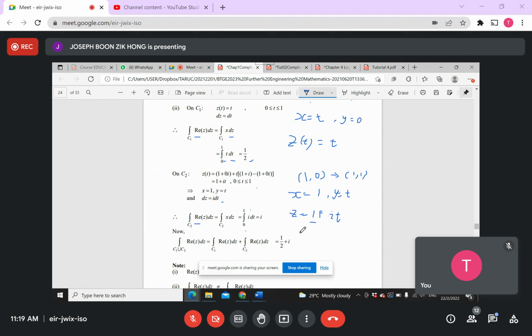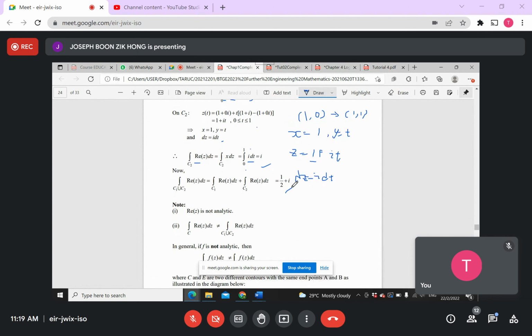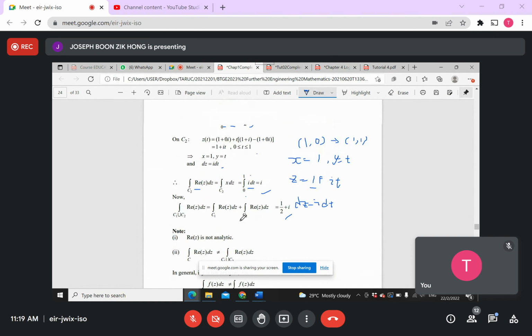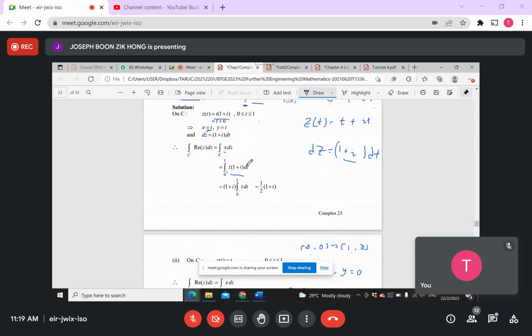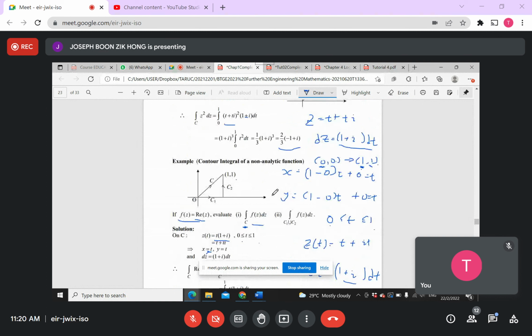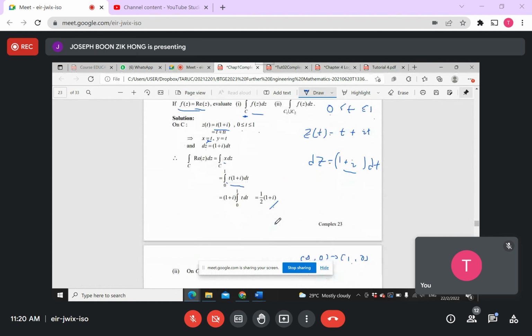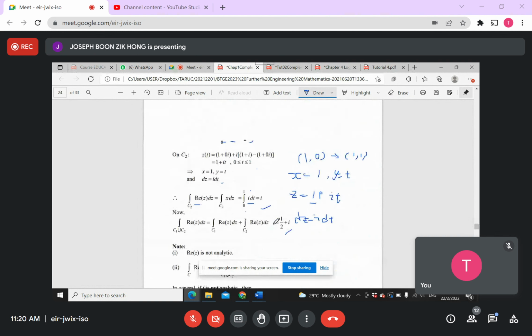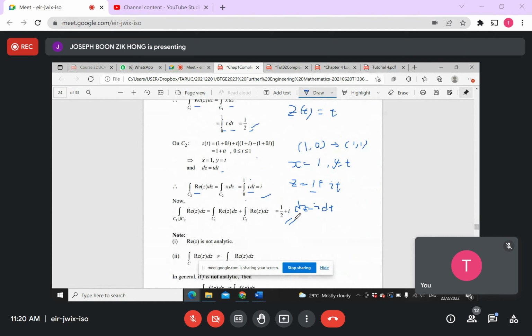And then what is your dz? Your dz is i dt. So you have to substitute your dz with i dt, and then you just take this one and plus this one together. Then you will get the answer. So you have a look. For this one, although we know that C is a combination of C1 and C2, because this is not analytic, that's why you see this one and this one is not the same.